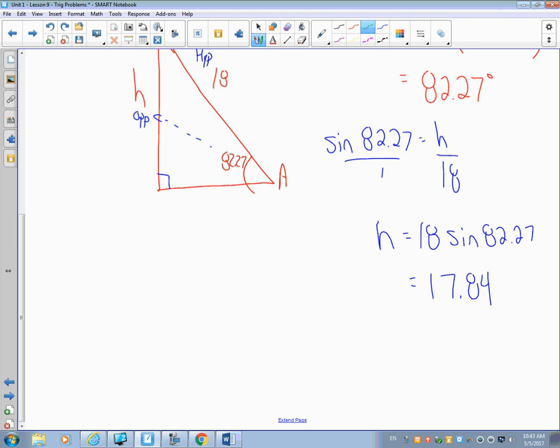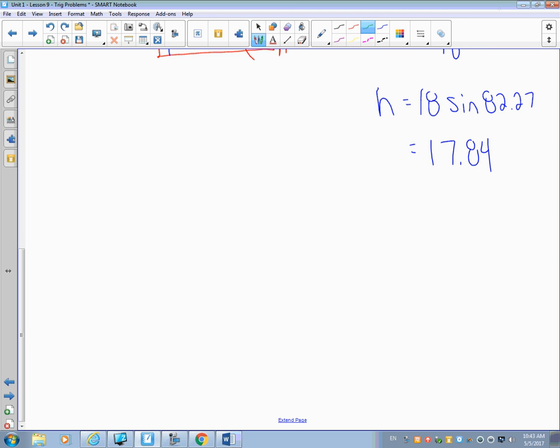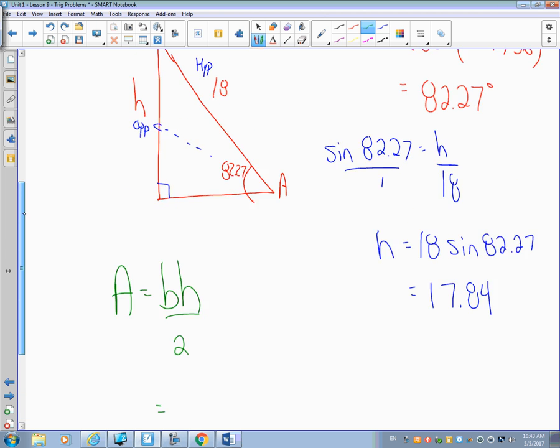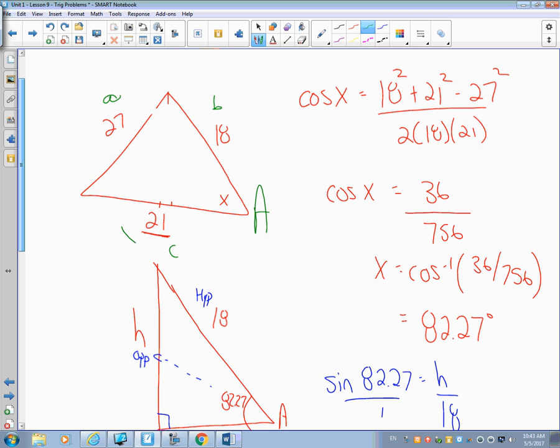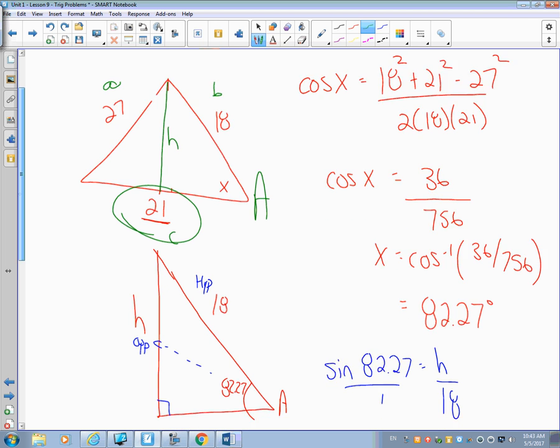Why did I want that? I wanted to figure out the area of my triangle. So reminder, area is base times height divided by 2. If we go back to the very beginning of the picture, our base is 21. We drew the height up the middle.